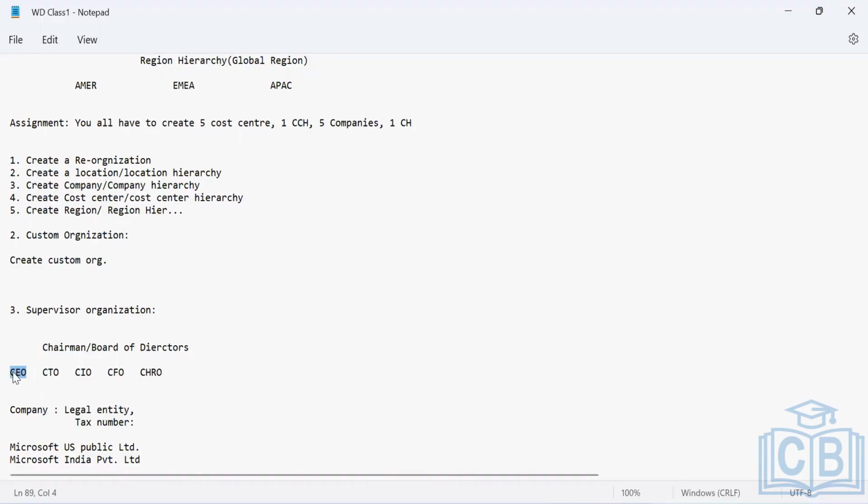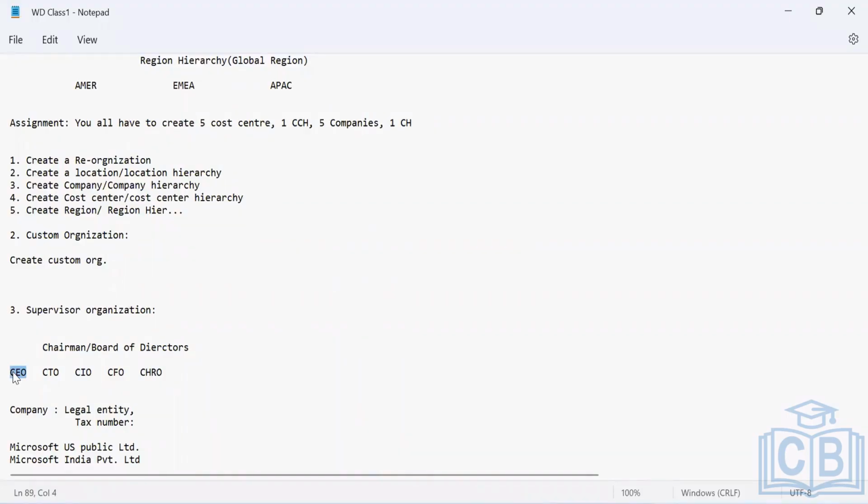If I'm marking any leave, that is your time and attendance, or you can say leave and absence application. Again, the request will go to Josephine, my supervisor. If she approves, then only my leave is approved. If she rejects, my leave is not approved.